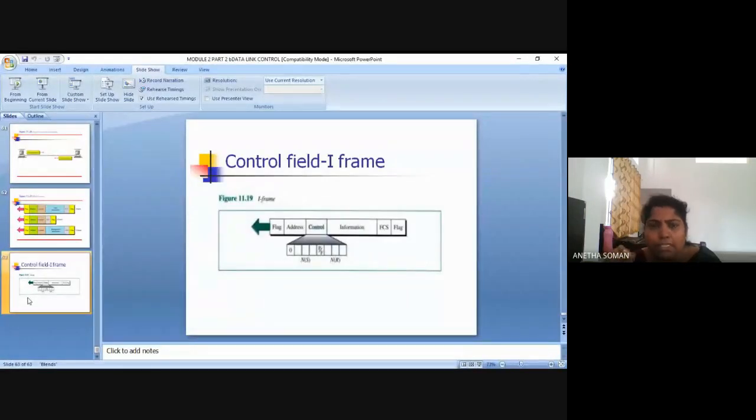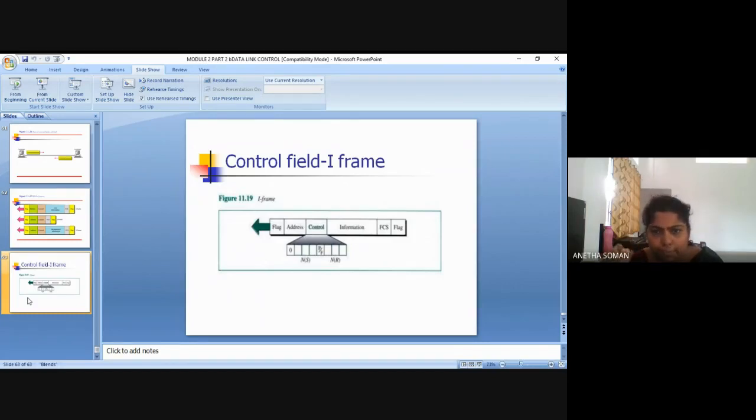The next 3 bits define the sequence number of the frames in travel, so whichever frames are in the window are represented in these 3 bits. N of S corresponds to the value of the control variable. Yesterday you studied the control variables S, SF and SI in error control, in the ARQ mechanism.